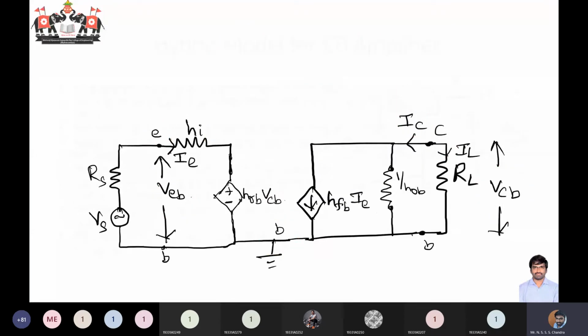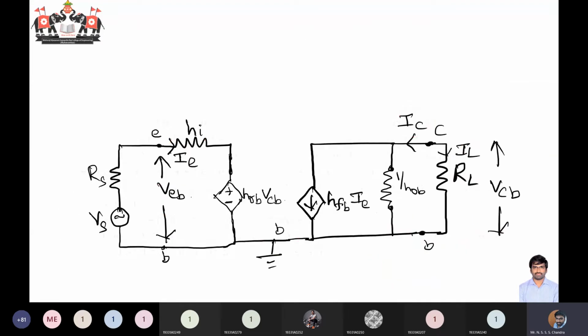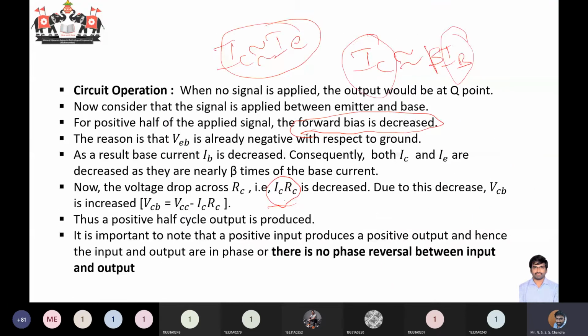If you apply KVL here, VCB is nothing but VCC minus ICRC. So if this value is decreased, then this value will be increased. So your VCB value is going to increase.